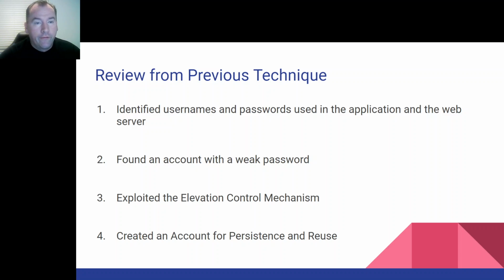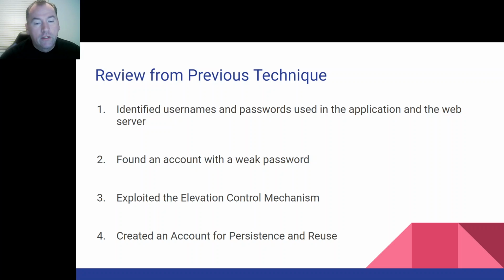So real quick, a review from our last template or the technique that we went through. We identified some usernames and passwords used in the application and on the web server at the operating system level. We recorded those because we may use them in the future. We also found an account with a weak password, which we were able to log into with SSH.